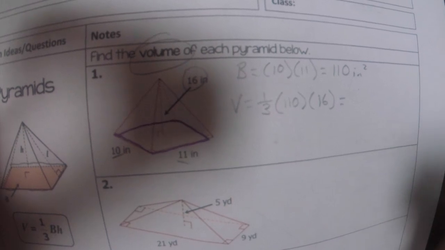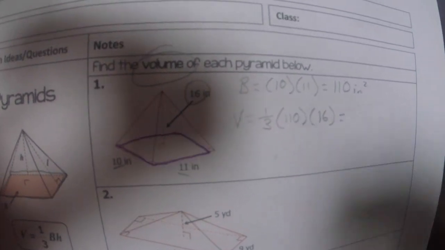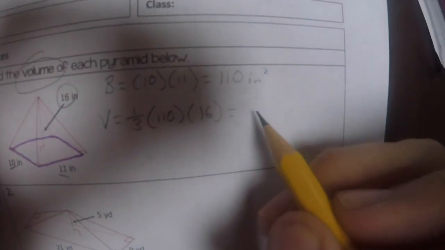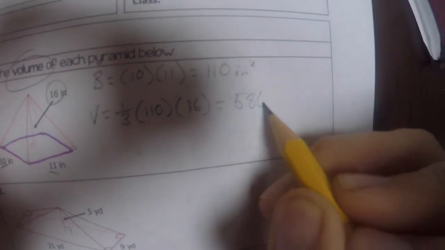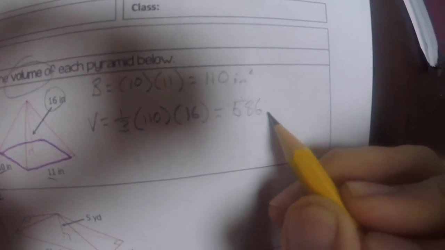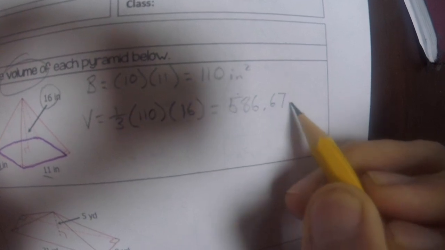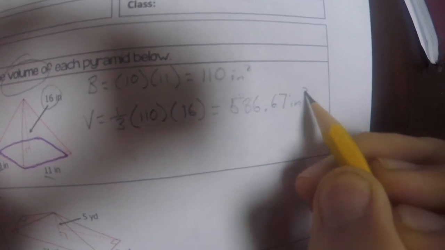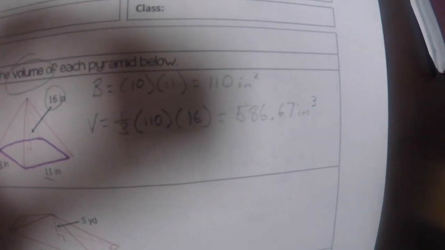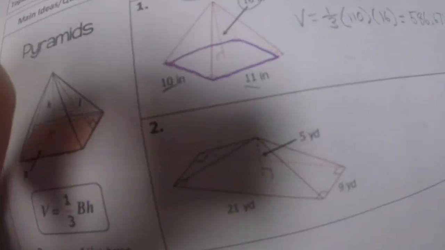Multiply all those together, and you get 586.67 inches, and since we're in volume, cubed. Easy enough, right? How about number two?